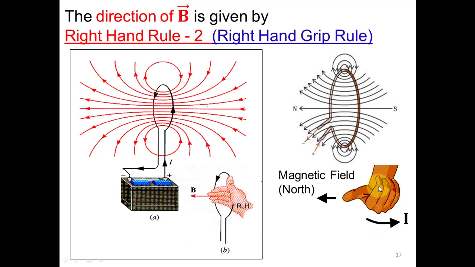So the curve upward, therefore you got north here, you got south here. By using your right hand grip rule, the curved fingers determine the current. The thumb point would be the north pole. So this is for circular coil.